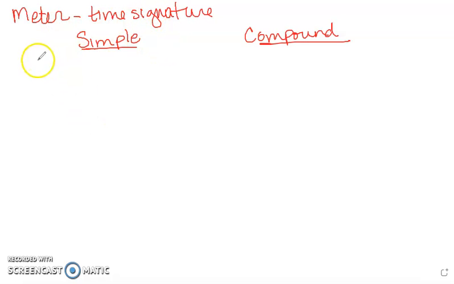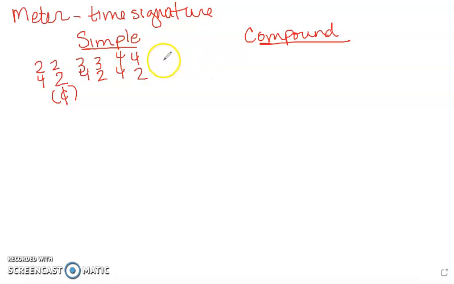So simple meters, examples would be 2/4, 2/2, which is cut time, 3/4, 3/2 would be a similar one, 4/4, 4/2, anything like these, basically.